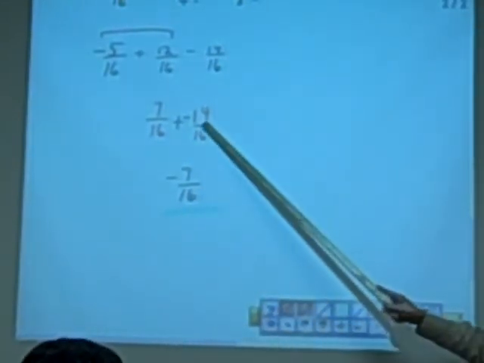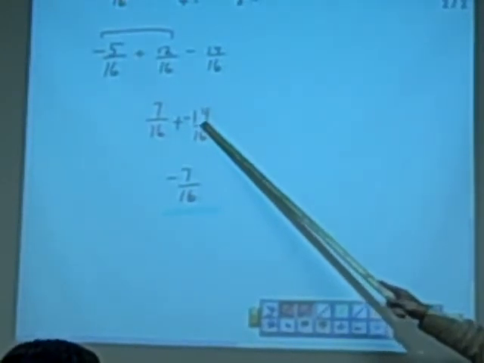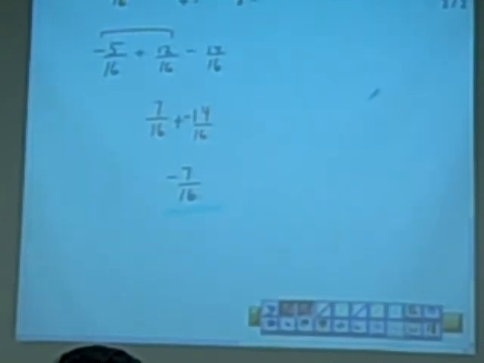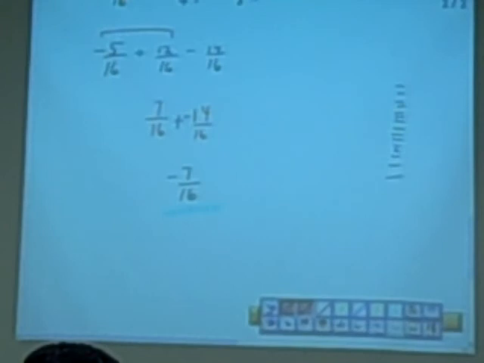So there's more negative here, right? There's 14 negatives and 7 positives. If you were to write this down, you've got 1, 2, 3, 4, 5, 6, 7, 8, 9, 10, 11, 12, 13, 14 negatives, right? And 1, 2, 3, 4, 5, 6, 7 positives, right? So the negatives and the positives, when they're together, they cancel out. These two cancel, these two cancel, and you just keep right on going all the way down.